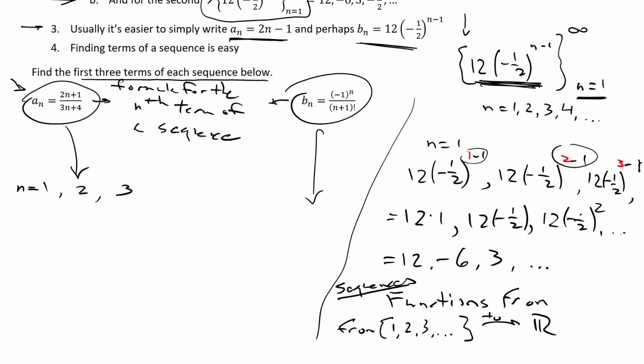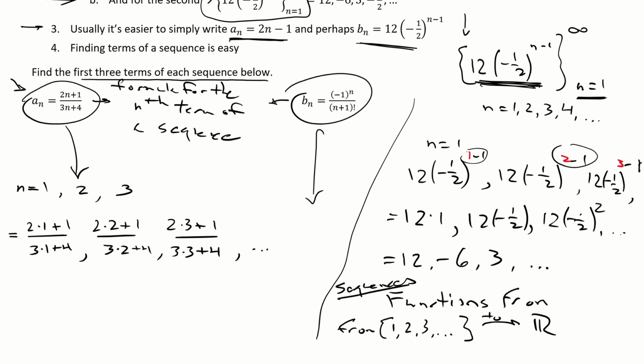So the sequence is equal to, when n is 1, 2 times 1 plus 1 all over 3 times 1 plus 4, comma, 2 times 2 plus 1 over 3 times 2 plus 4, comma, 2 times 3 plus 1 over 3 times 3 plus 4, comma, and there's more if you want.